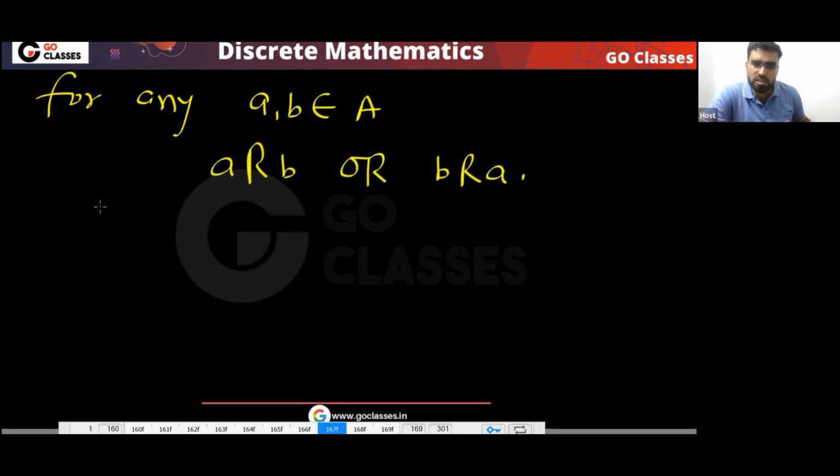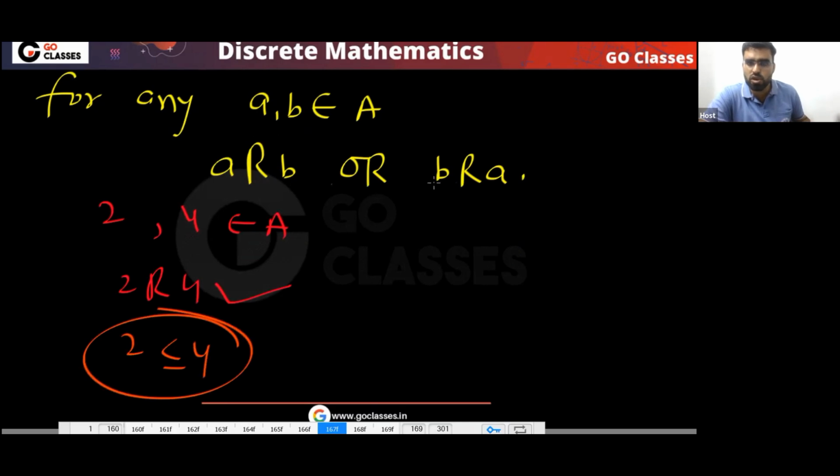For example, if you take 2 and 4, you can clearly notice that 2 is related to 4. Whatever two elements you take, there is an order between these two: either A is related to B or B is related to A. Correct? So this is the idea.